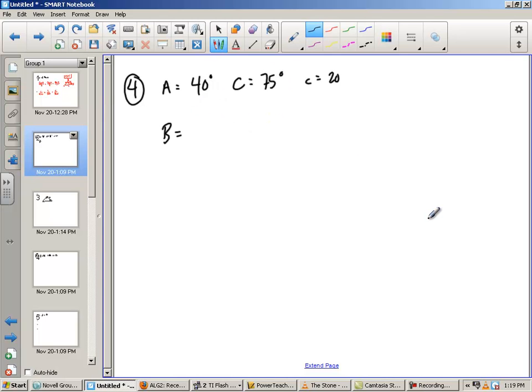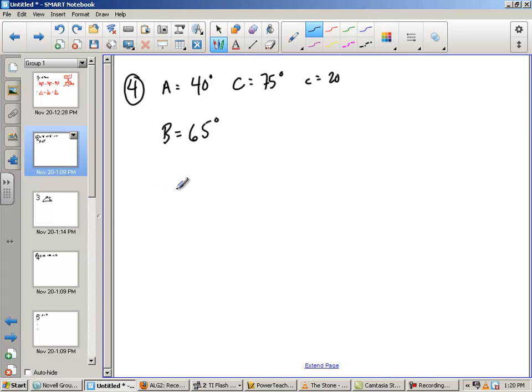And since we have 40 and 75, if we take those away from 180, we get 65 degrees. So, okay. Now the question is, is it possible to use this? If it is, we're going to have a triangle that works for us.